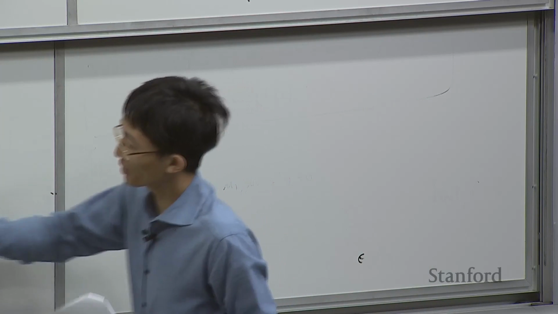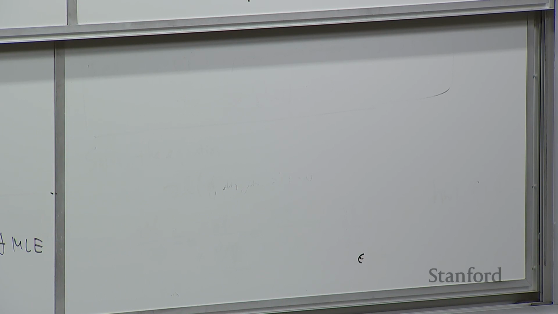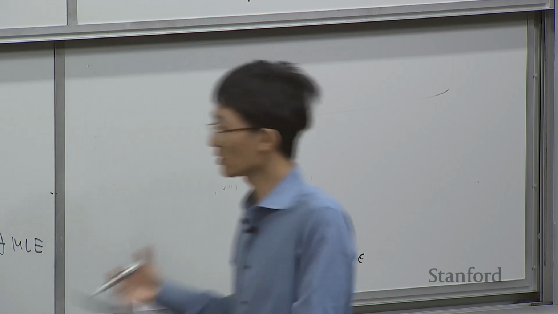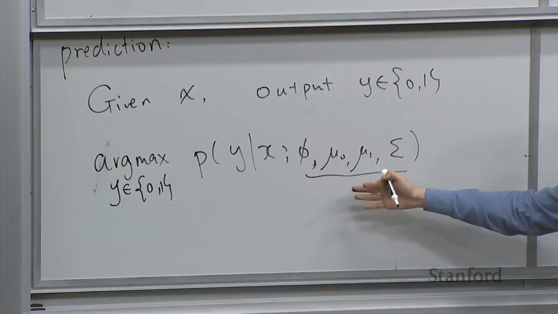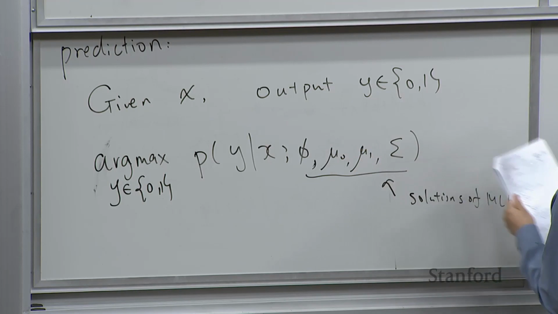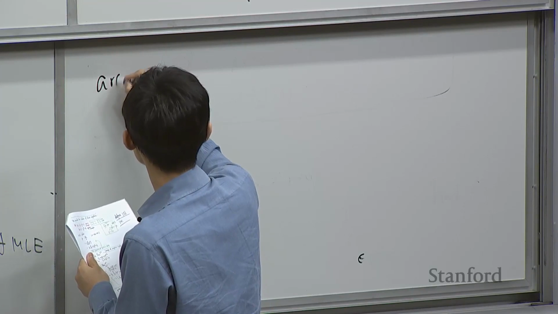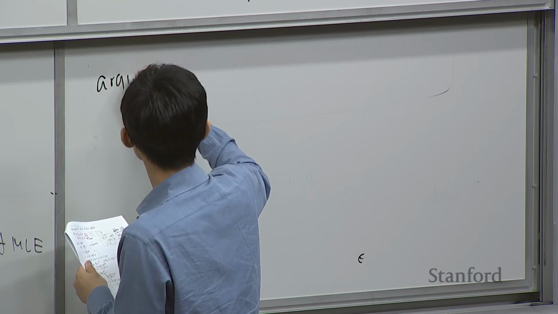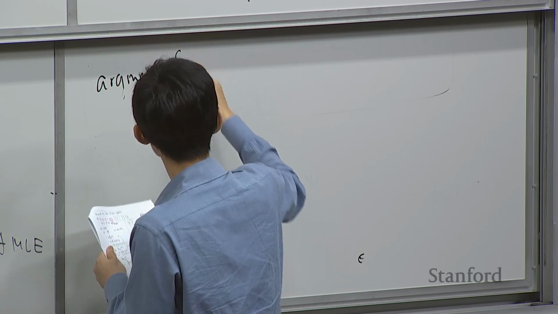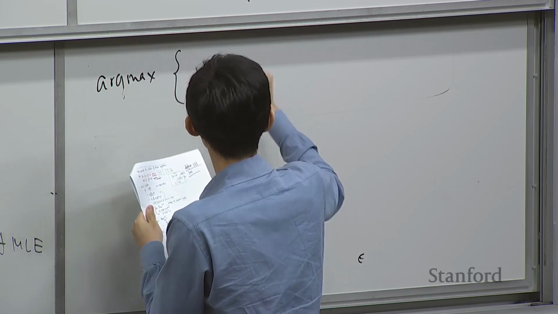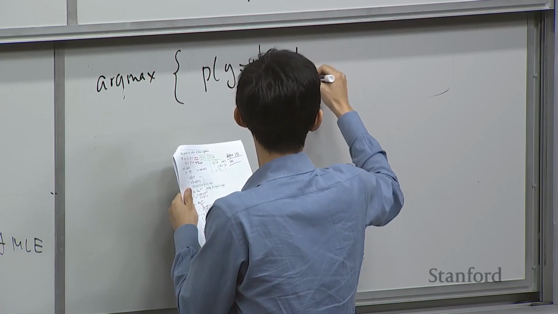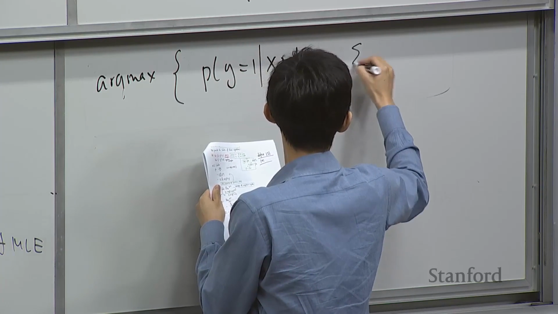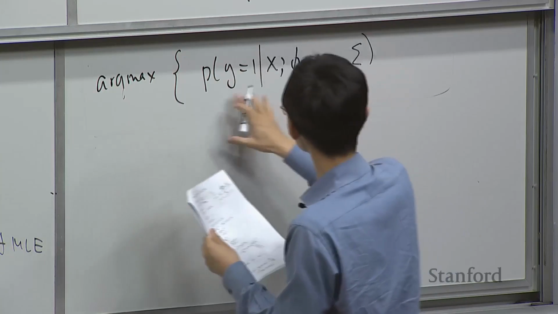Because here you are maximizing over y, right? You are trying to output which y is more likely, whether it's more likely to be benign cancer or not. So basically, this maximization problem just has two choices. You are just taking the argmax of the two quantities, two scalars.